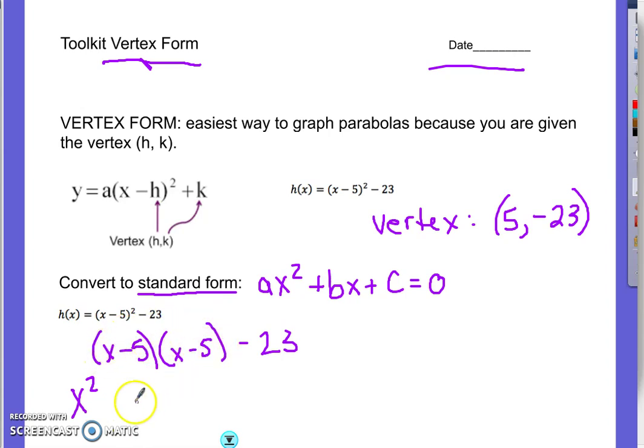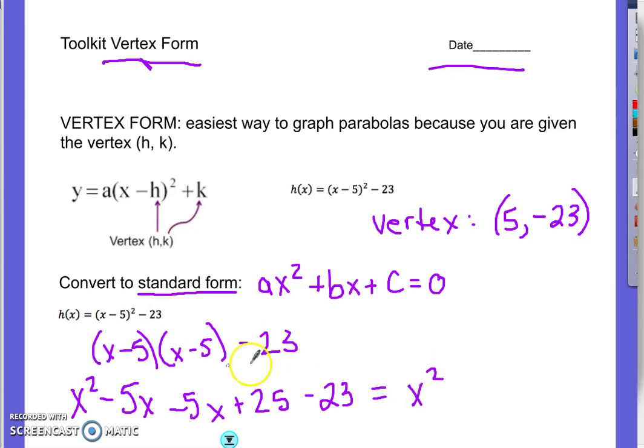X times negative 5 is negative 5x, negative 5 times x, negative 5 times negative 5, and then I add on that negative 23. Okay, so when we finish, I'd have x squared negative 10x when I combine those 5's, and positive 25 and negative 23 would just make 2.